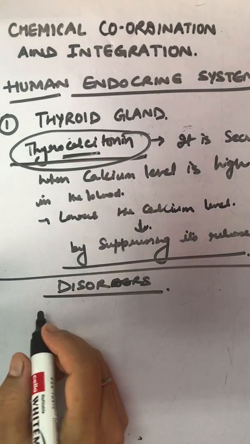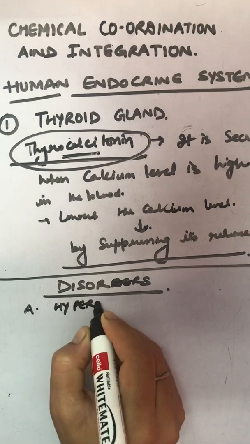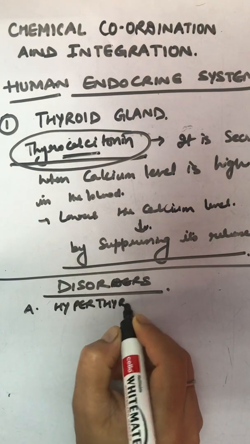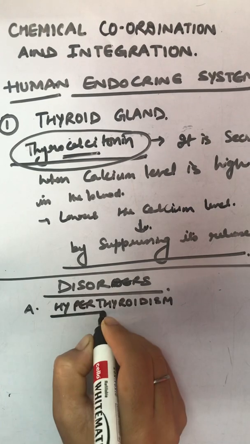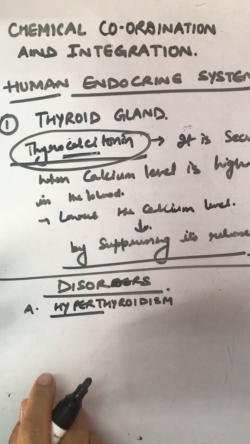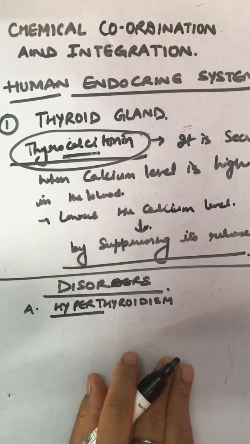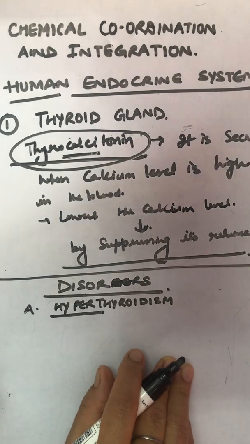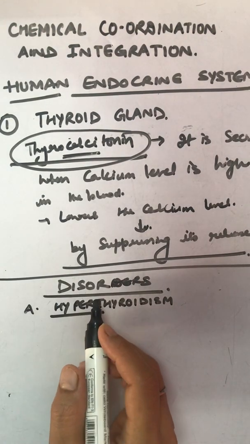First is hyperthyroidism. Hyper means hypersecretion of thyroid hormone. So in this we have generally studied about exophthalmic goiter or Graves' disease. It occurs due to the enlargement of the thyroid.